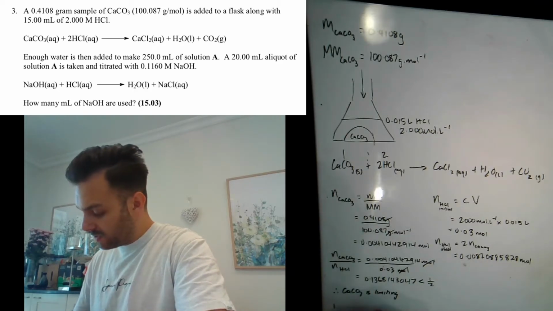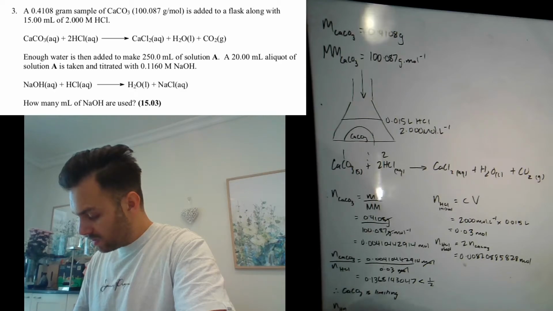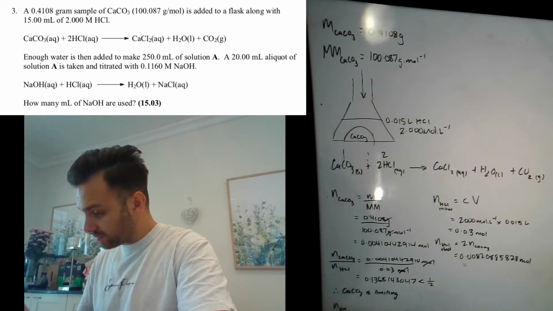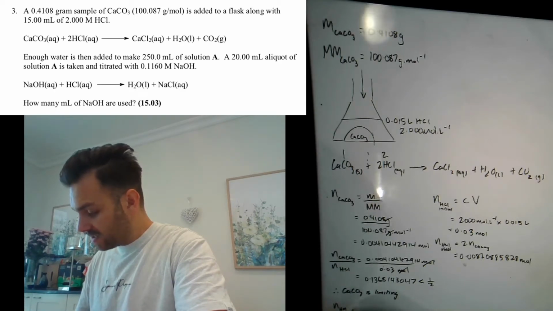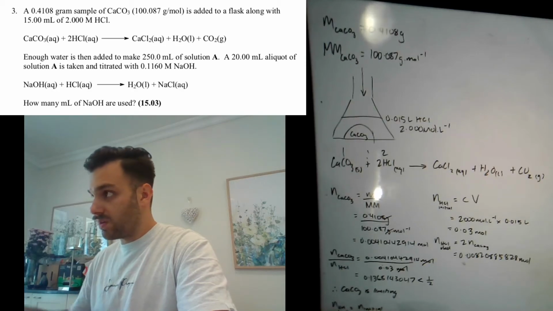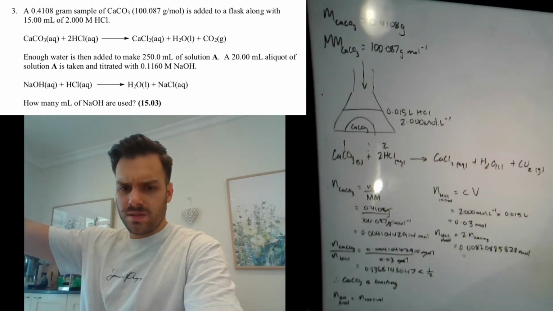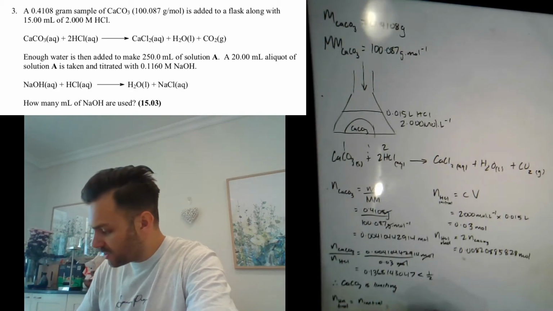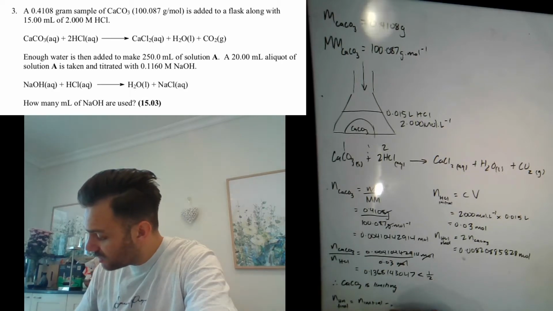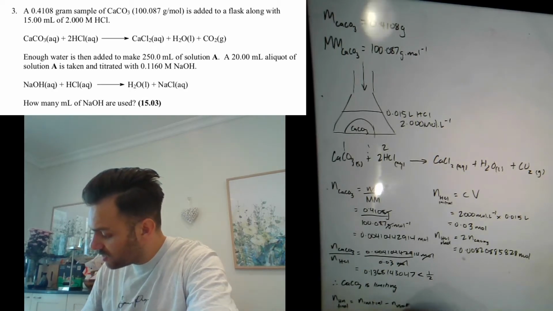So the number of moles of HCl that we have at the end is therefore equal to the number of moles initial minus the number of moles used.